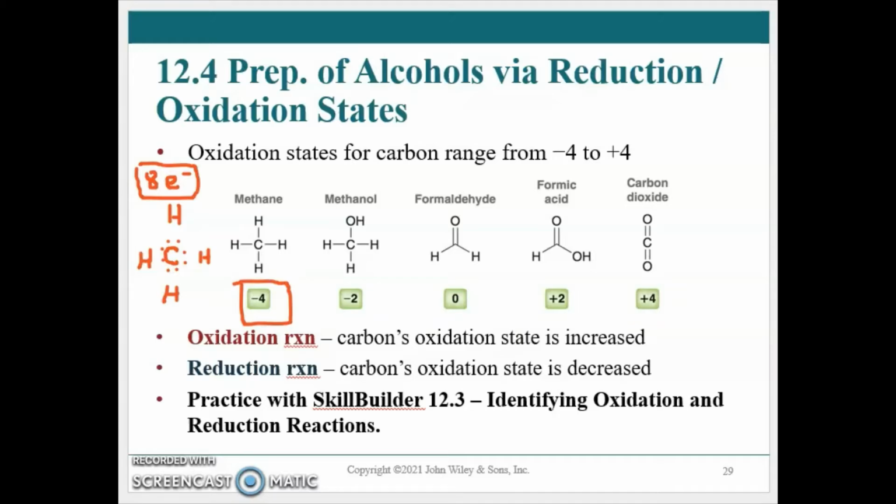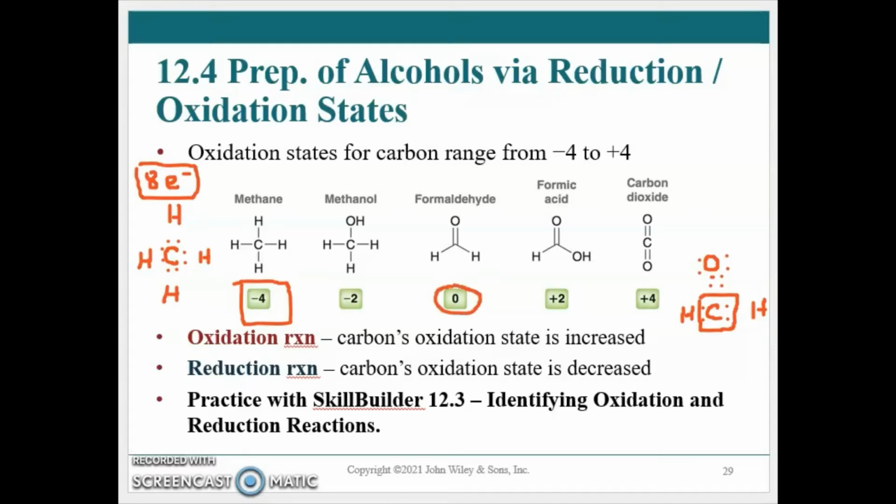Looking at formaldehyde, with carbon, the hydrogens and the oxygen, we see that carbon has 4 electrons in this bookkeeping methodology with a valence requirement of 4, so the oxidation state is 0.